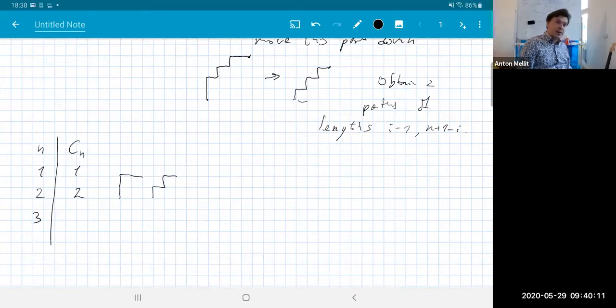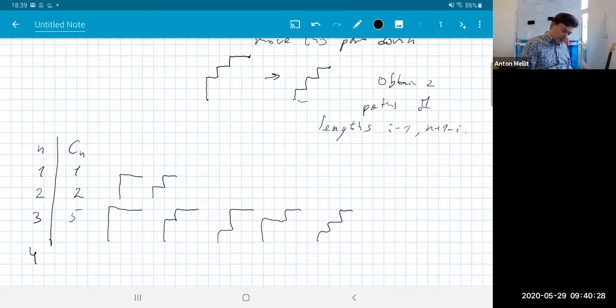For n equals 3 we have five of them: we can go like this, or like this, or like this. And when n is 4, we have 14.